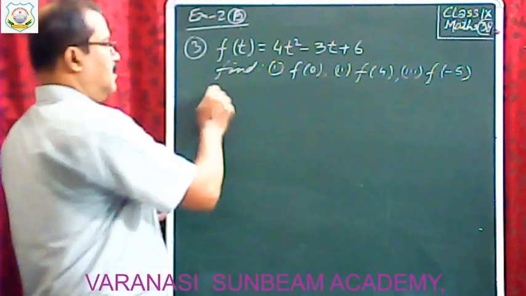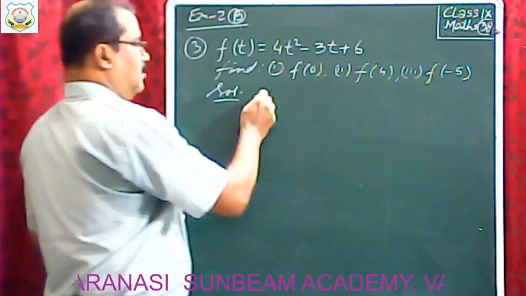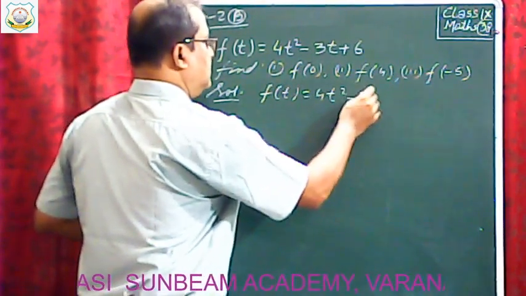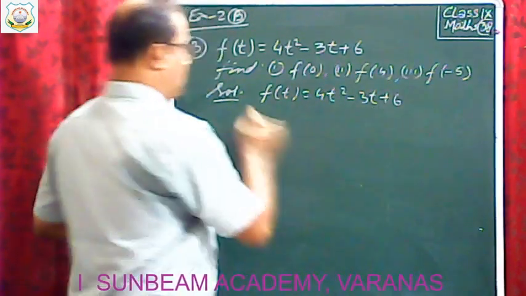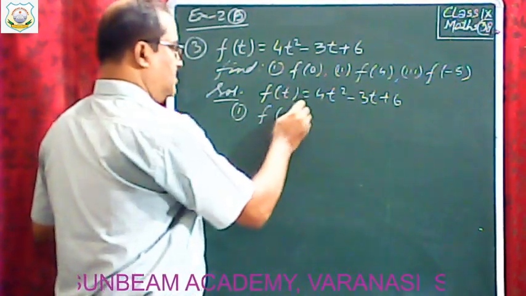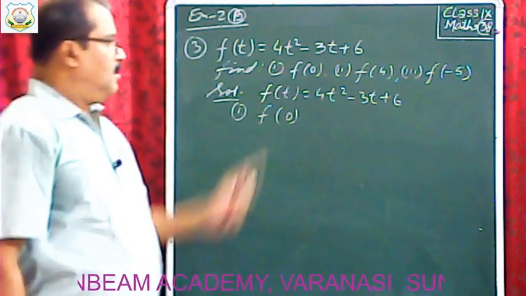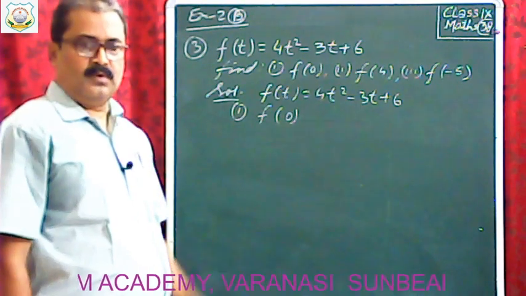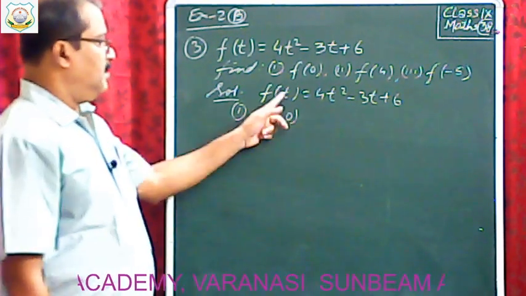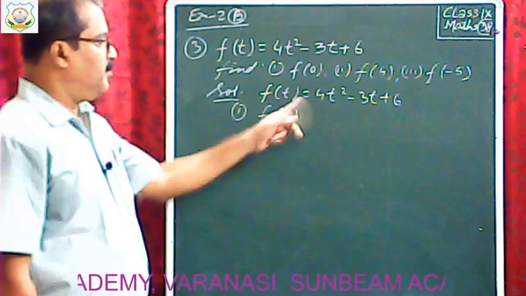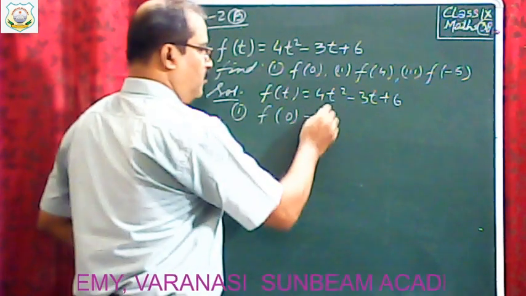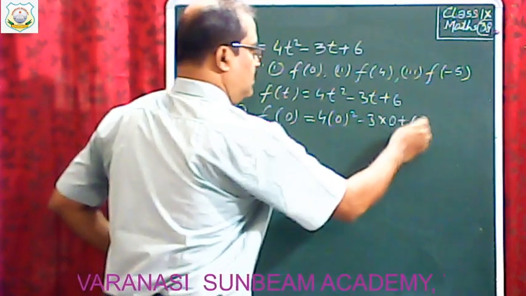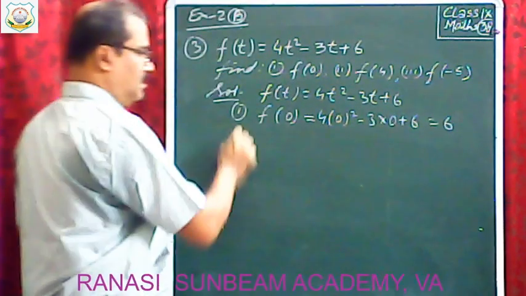Let's see the solution. We have f(t) equal to 4t square minus 3t plus 6. So first you have to find f(0). In place of t, you have to put 0. So 4 into 0 square minus 3 into 0 plus 6, finally you get 6.